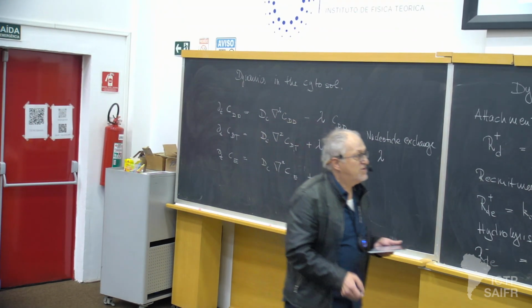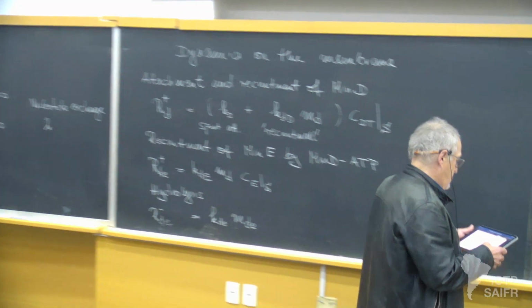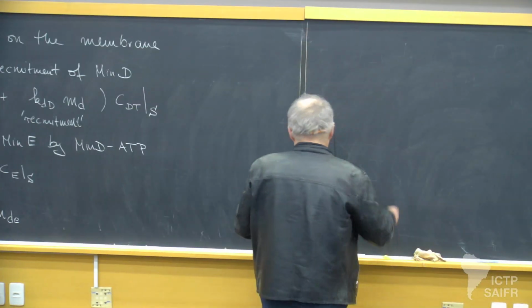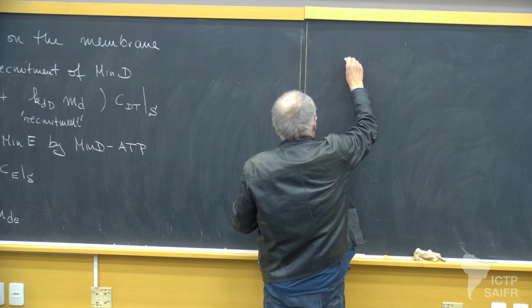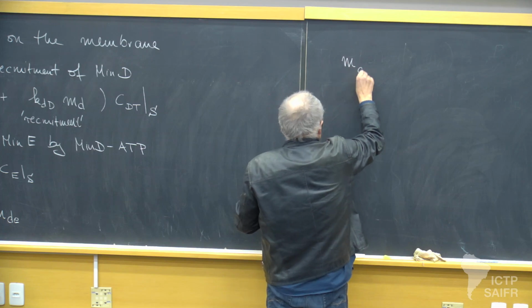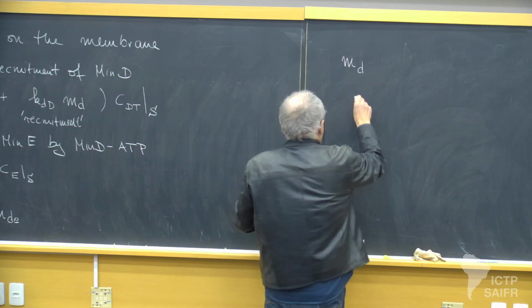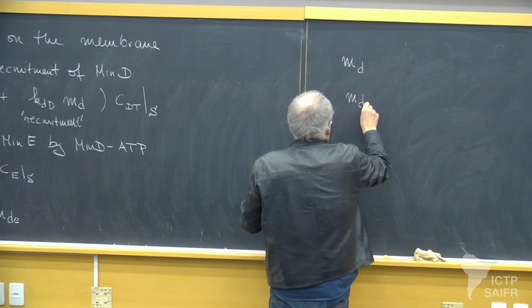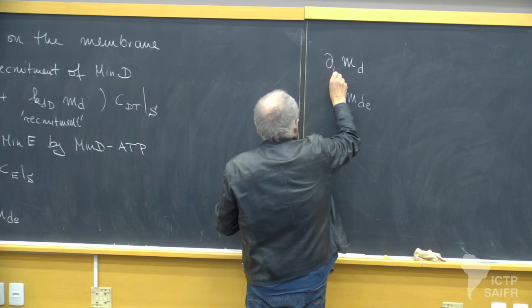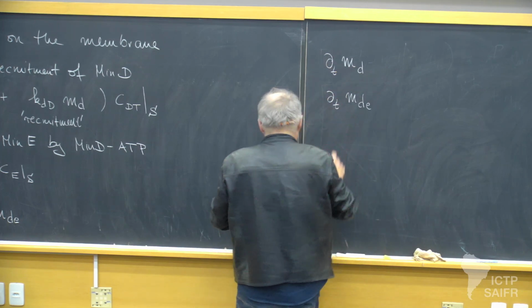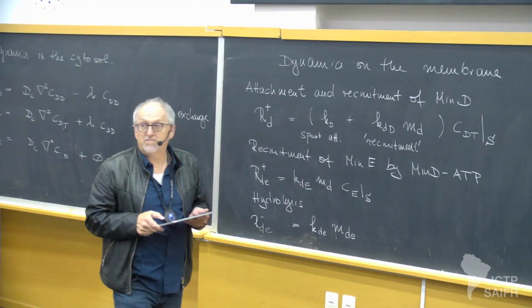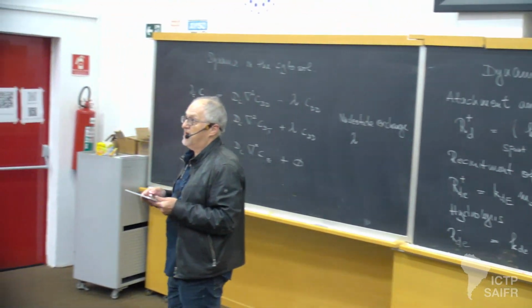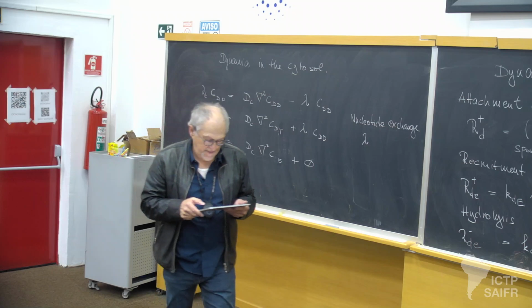Okay, now to setting up the equations. So let's write down the dynamic equations. So what do we have? We have on the membrane just two things. We have the min-D proteins and we have the min-DE dimer.